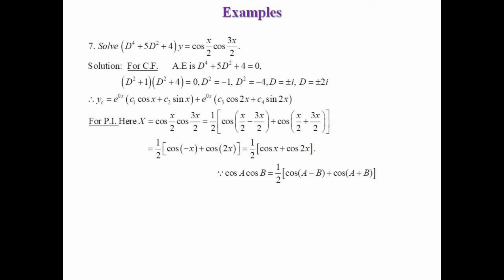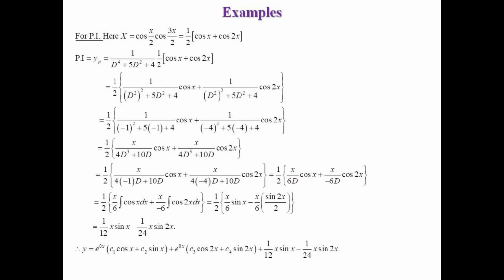So now here the bracketed term cos x plus cos of 2x is in our standard form, so that we can easily apply type number 2 to find the value of the particular integral. So now let's try for the particular integral. We convert x cos of x by 2 cos of 3x by 2 as 1 upon 2 [cos x plus cos of 2x].